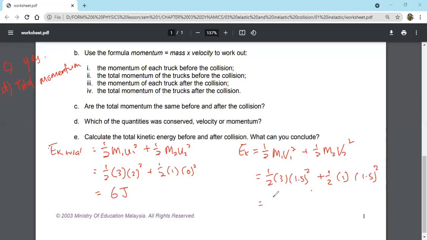So we get 4.5 joule. So as a conclusion, what can we conclude? 6 joule and 4.5 joule. This means that, conclusion, I write here.